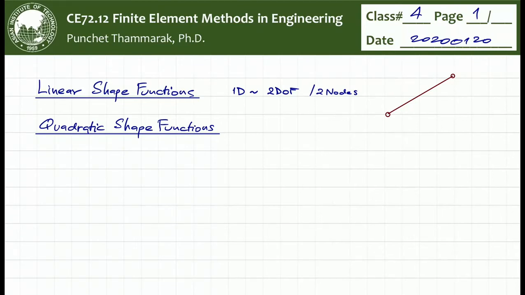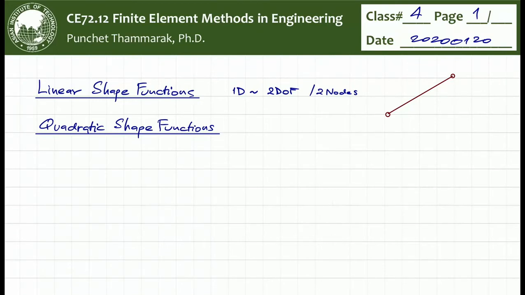In the future, one nodal point may contain more than one degree of freedom. For example, if you work in a 2D plane stress or plane strain problem, one nodal point contains two displacement degrees of freedom, displacement along x and displacement along y. Likewise, for the three-dimensional problem, one nodal point contains displacement in x, in y, and in z.